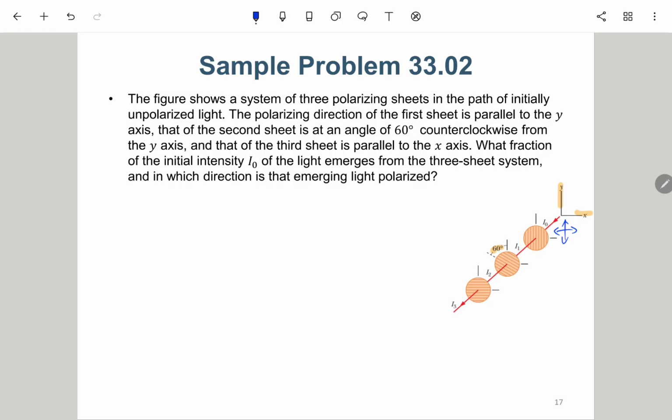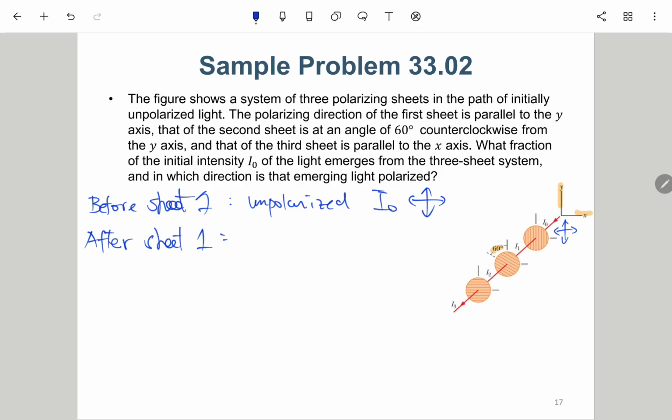Before sheet 1, the light is unpolarized, and its intensity is I0. After the first sheet, it will be polarized.